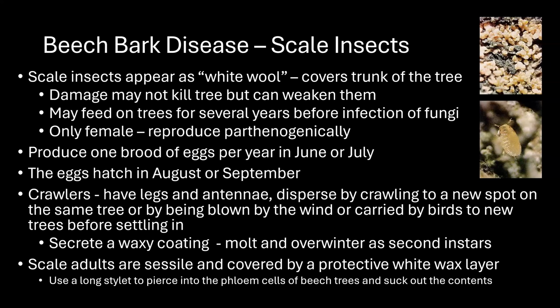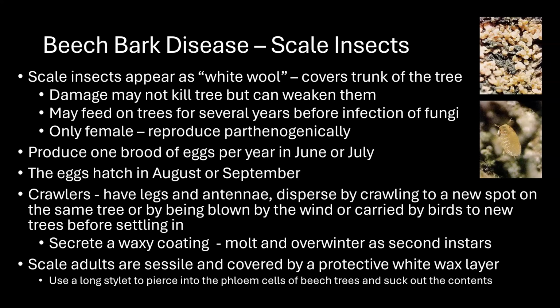So, what's its general life cycle, if you will? Well, the females are going to produce about one brood of eggs per year. Typically, that's going to be in the early summer months into June or July, early to midsummer. And then eventually those eggs are going to hatch going into late summer in August or September. When they hatch, you have the little guys that we call crawlers.